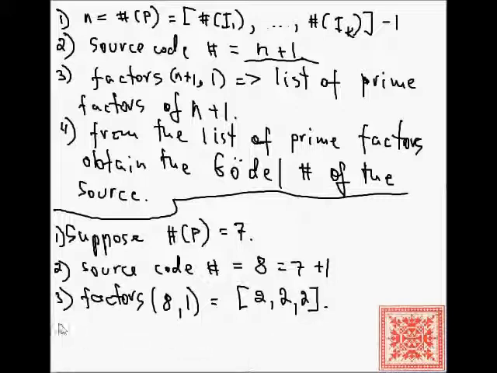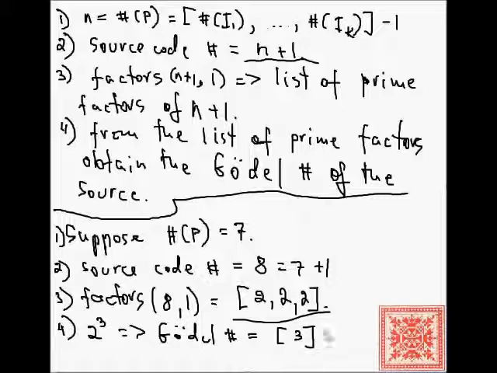This is not a Gödel number, it's just a list. But from this list, we can simply count the number of times each factor is used, and we know that the Gödel number is equal to 3. So what does that mean?